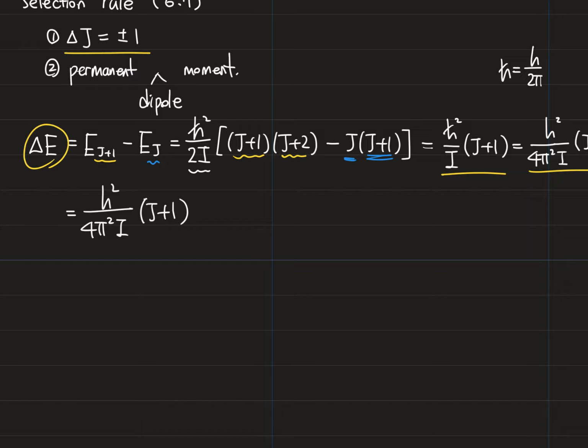The energy difference in the rotational motion is proportional to J plus 1. So for J equals 0, you have the energy here, and for J equals 1, you have the energy level here. For J equals 2, you have the energy level here, and J equals 3, you have the energy level here.